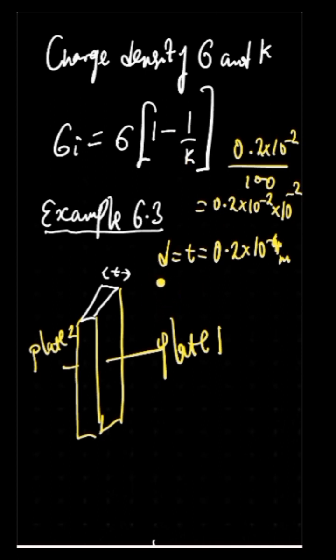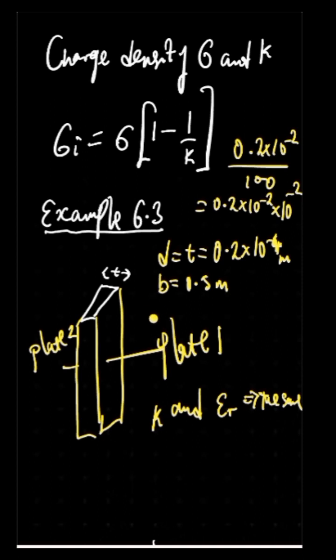So they gave you the breadth to be 50 cm, and that is 0.5 meter. So they gave you the capacitance. They say if the dielectric constant is 2.8, that's K. Note, dielectric constant K and relative permittivity are the same thing.